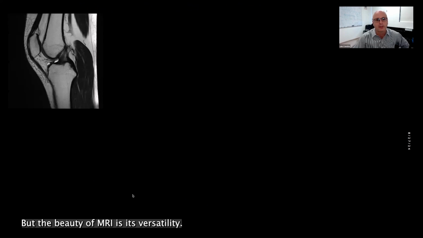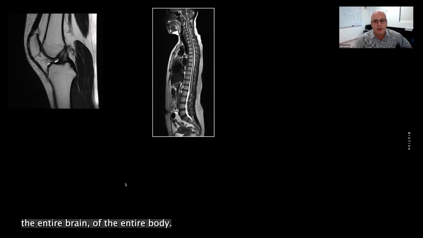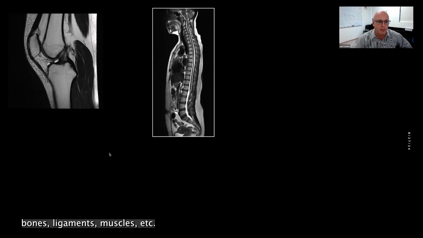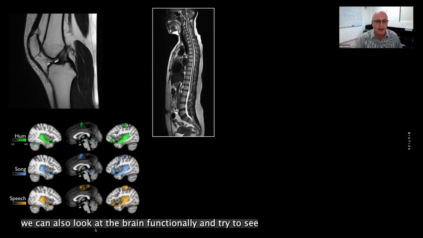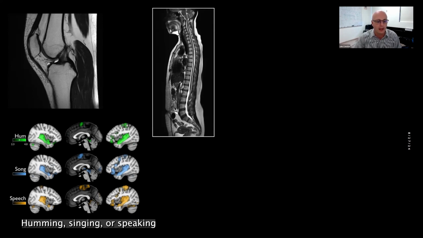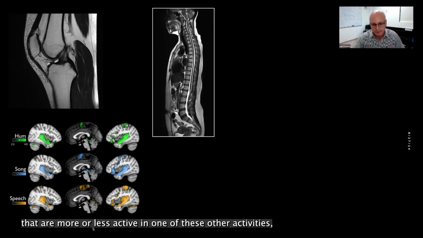But the beauty of MRI is its versatility. We can obtain images of the brain, of the knee, of the entire body. We can look at musculoskeletal images to look for tendons, bones, ligaments, muscles, etc. We can also look at the brain functionally and try to see which areas of the brain are more active in different activities, like humming, singing, or speaking, and try to compare the different parts of the brain that are more or less active in one of these activities.